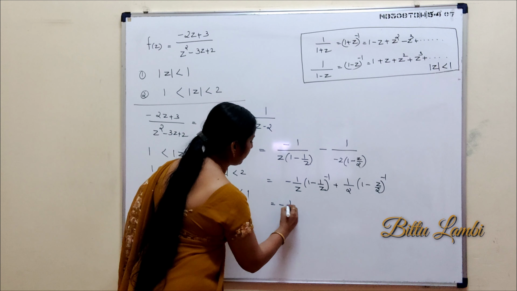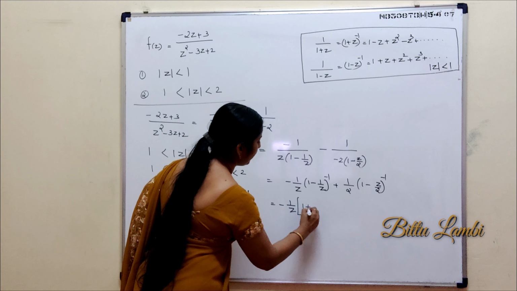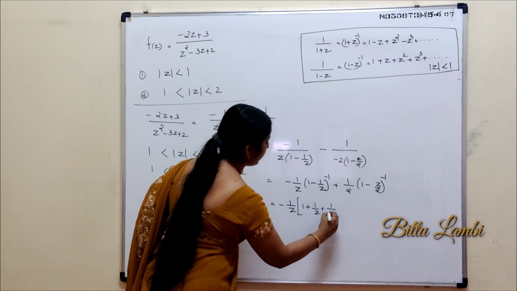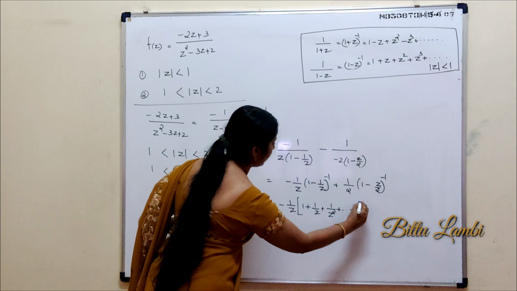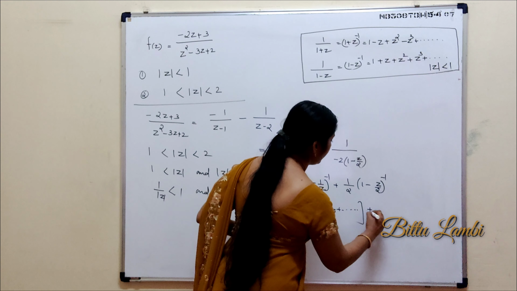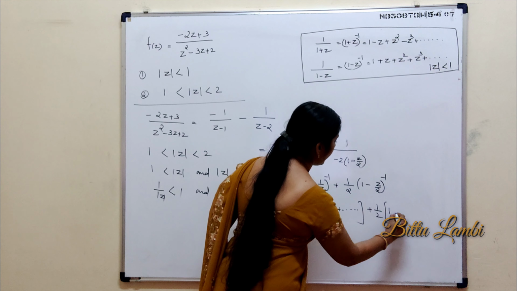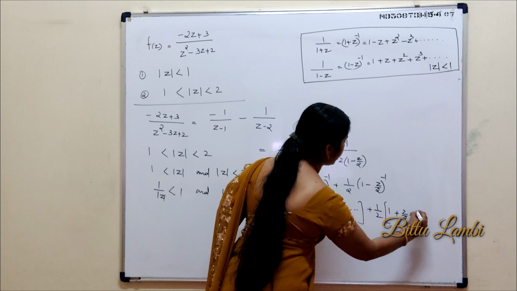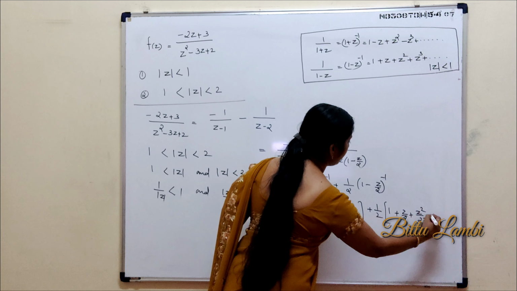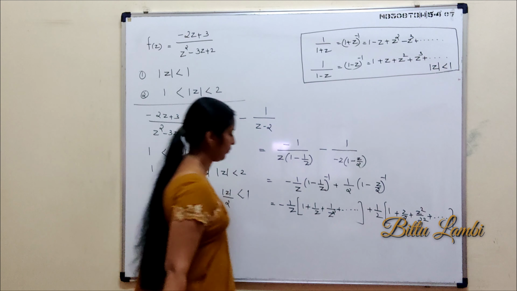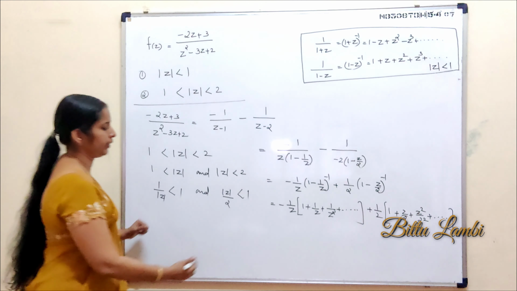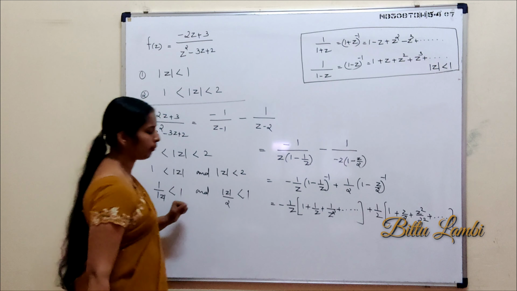It is -1/z (1 + 1/z + 1/z² + etc.) plus 1/2 into (1 + z/2 + z²/2² + etc.). See, if there is z outside, you take it into the bracket.